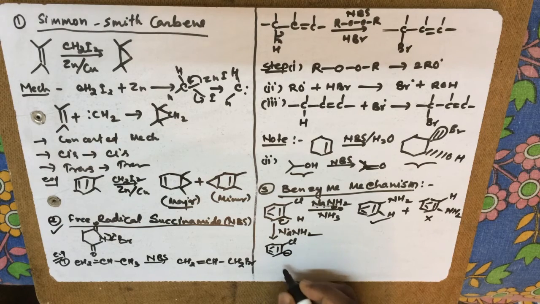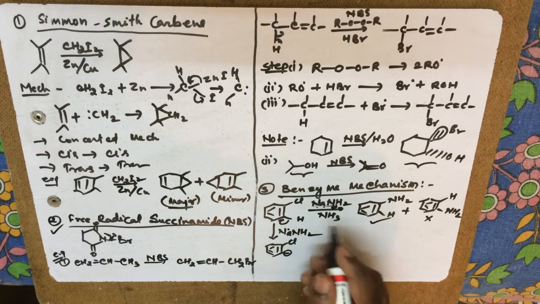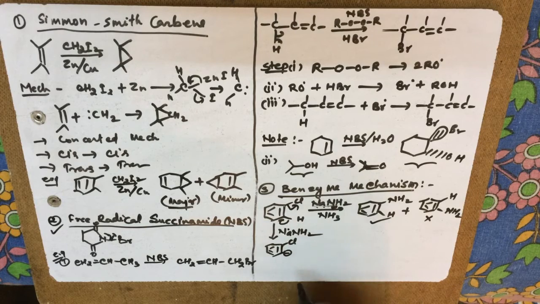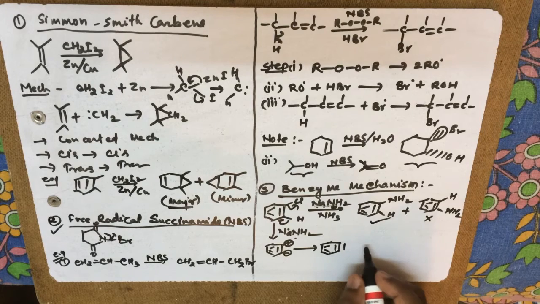Here you will get a negative charge. Okay, and your chlorine will leave, so here you will get a positive charge. Okay, so again this positive and negative form a bond, so here you will get a triple bond.